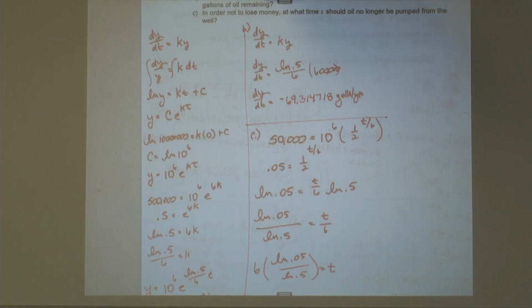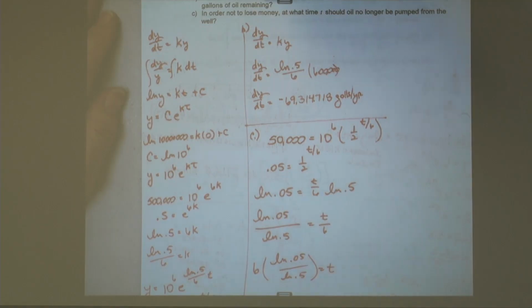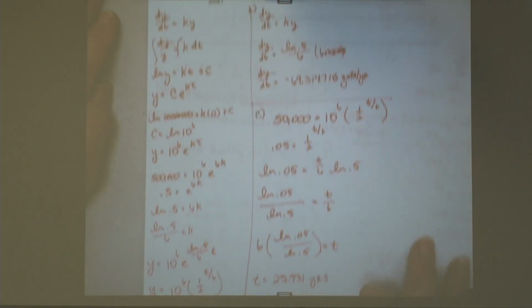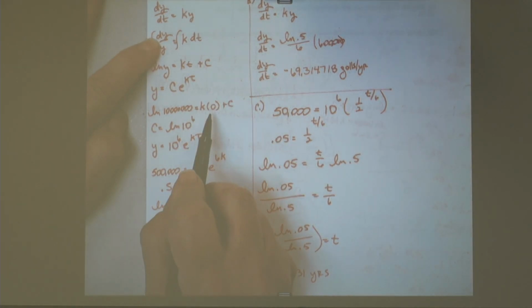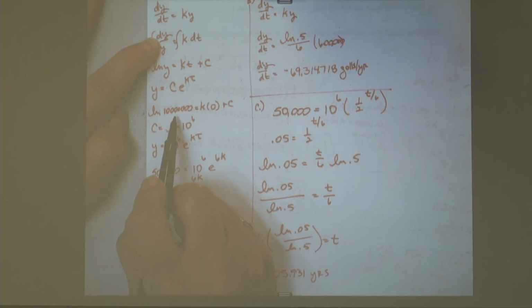dy/dt is ky. Separate: dy over y is k dt. Integrate: ln y equals kt plus C. Now we have to find the value of C. They told us that at time 0, we had 1,000,000 gallons.